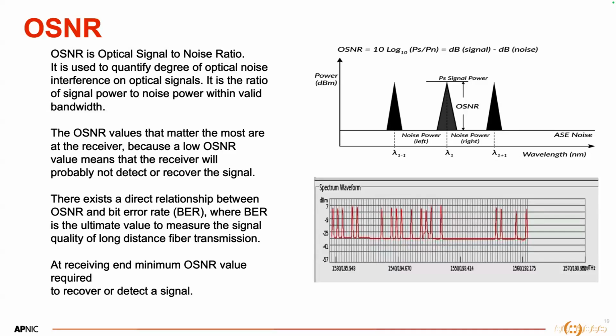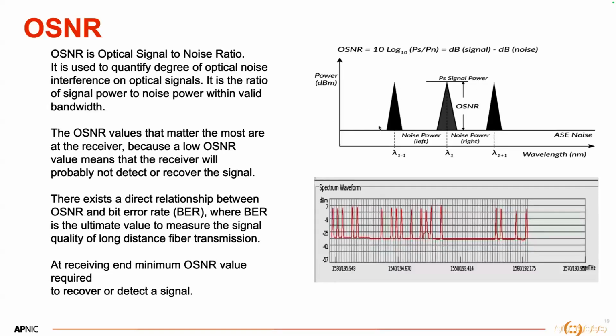So OSNR is, as you can see in the diagram, the spectrum is showing different wavelengths. This one is 1530, this one 1540, this one 1550, this one 1560, different wavelengths with different frequencies. And here you can see the noise power, the OSNR, right?